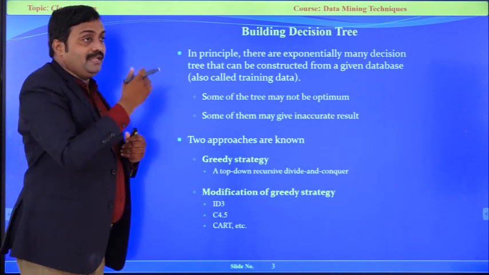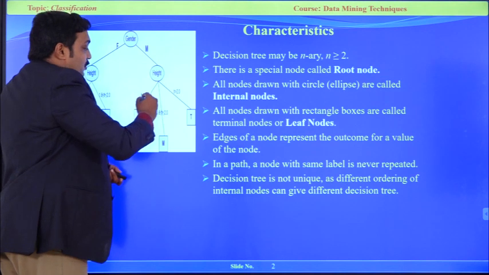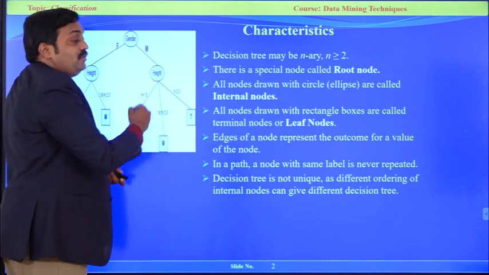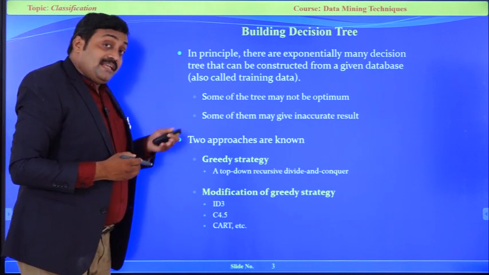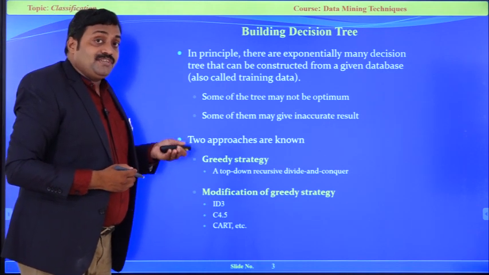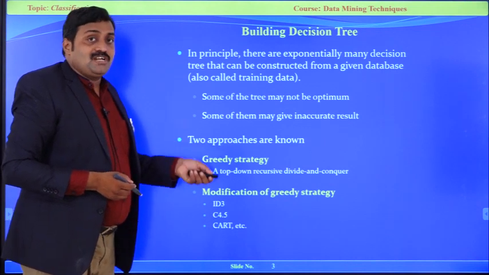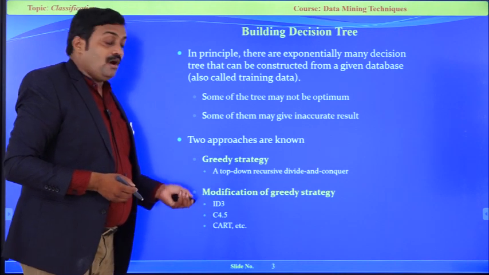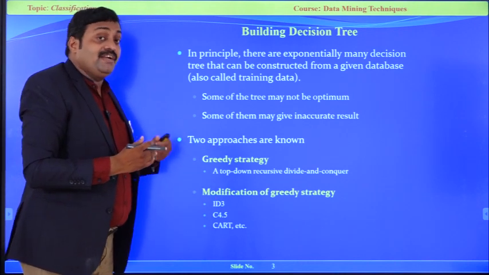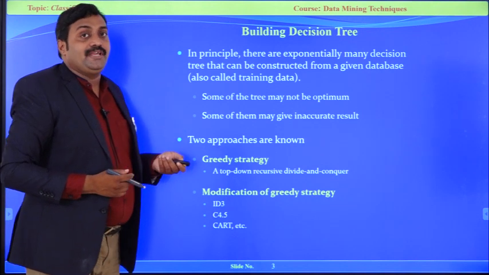So start with the tree from top to bottom, and we repeat the process until we reach the class. Okay. There are some issues with that. That's why we go with improved versions of the greedy approach, ID3, C4.5 or CART. We have different approaches to construct a good, optimal decision tree.